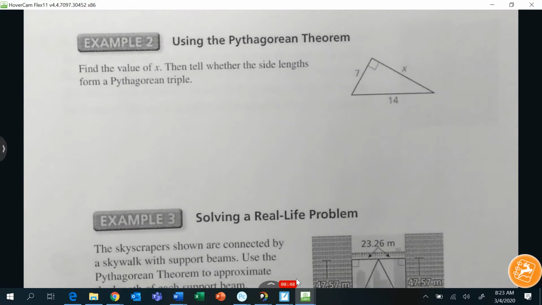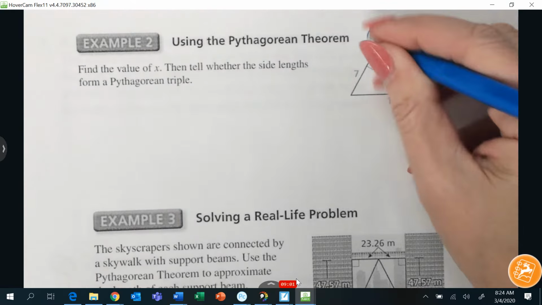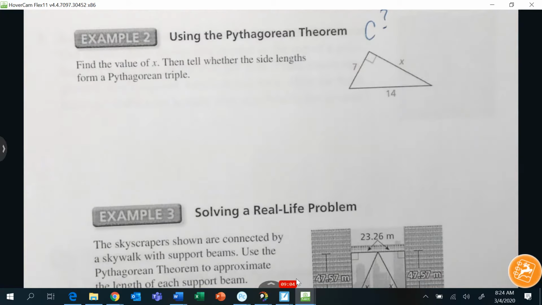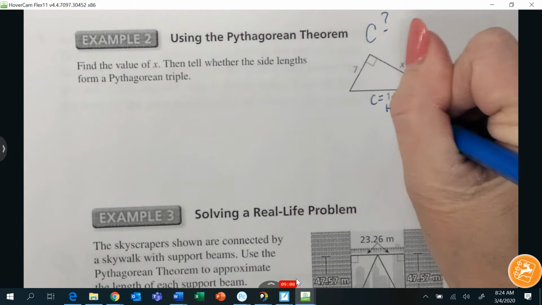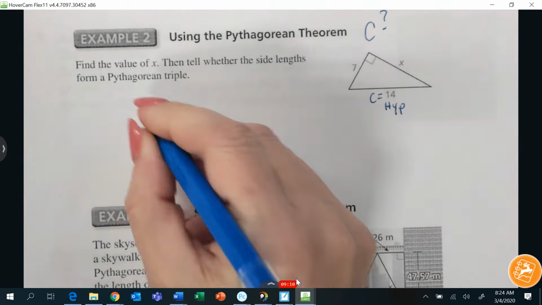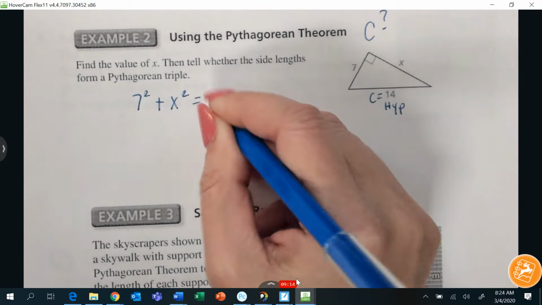All right, next one, find the value of x. Tell whether the side lengths form a Pythagorean triple. Out of these 3 sides, which side is C? That's what you want to start with. 14 is the C. That's the hypotenuse. So then we'll do 7 squared plus x squared equals 14 squared.